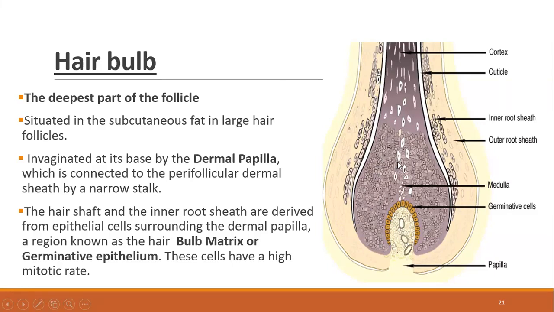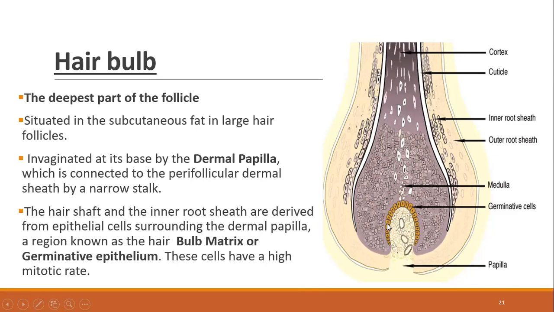The hair shaft and inner root sheath. This is the portion where the hair shaft and inner root sheath are derived from the epithelial cells surrounding the dermal papilla, known as the hair bulb matrix. This is the germinative layer or hair bulb matrix.